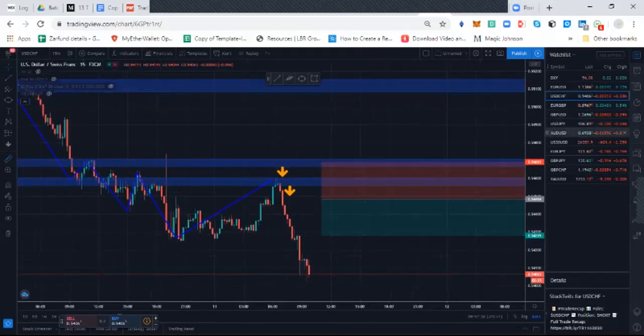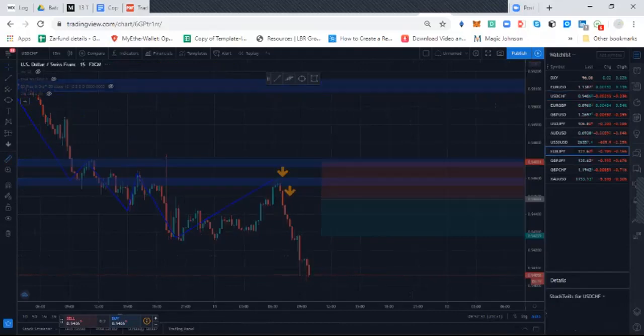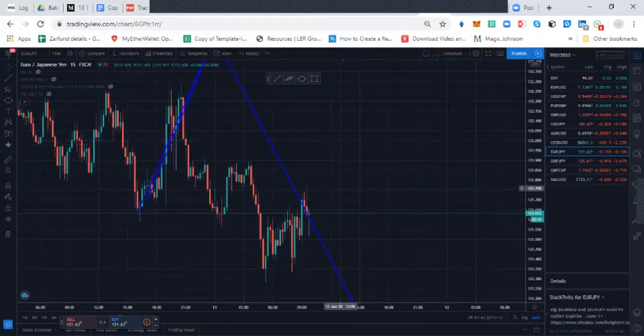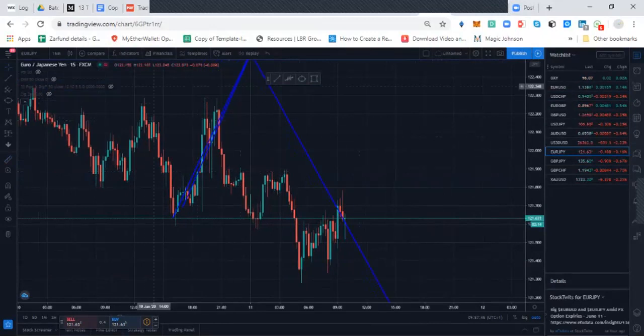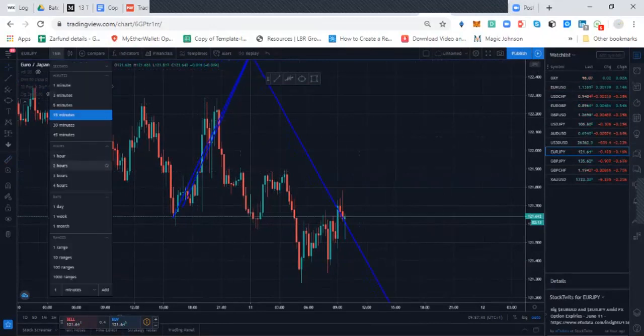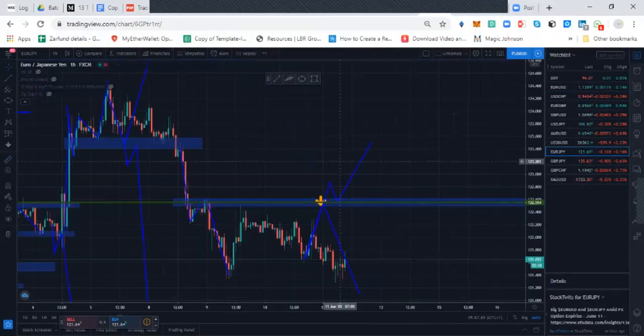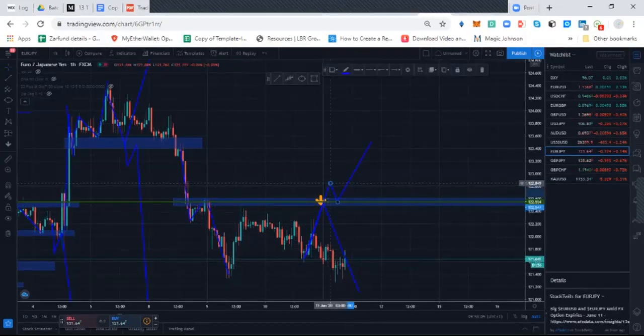Okay, so let's look at Euro JPY. Let's go to the 1 hour chart. This was something we looked at earlier.